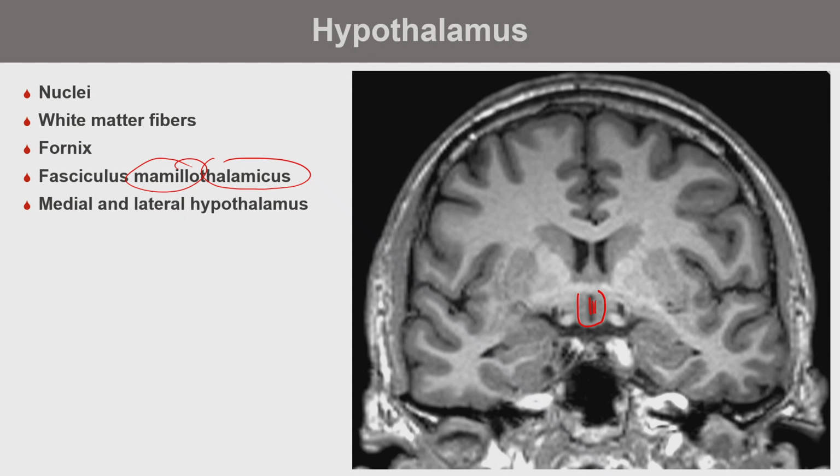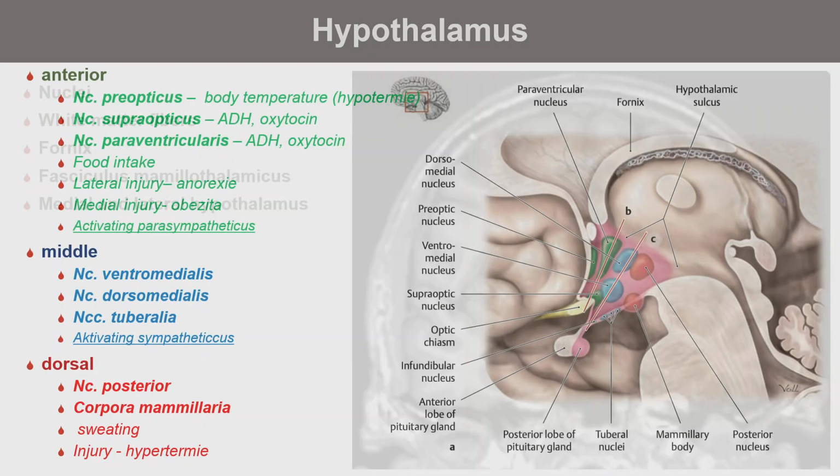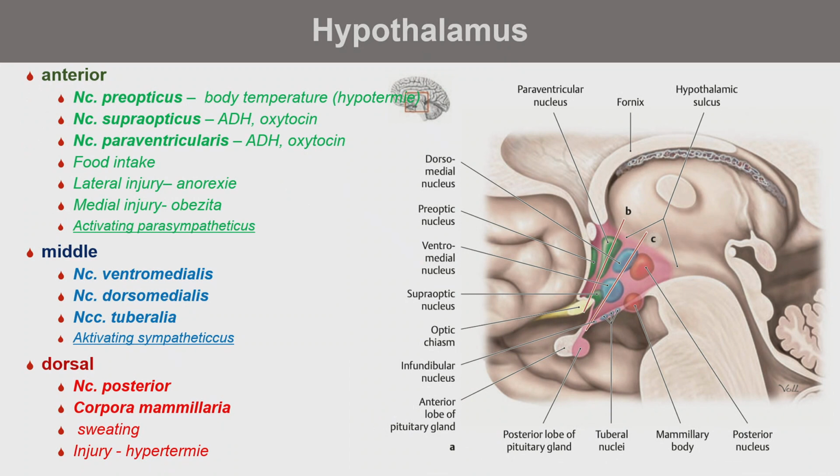And we can distinguish the hypothalamus in two parts from the frontal view, which is medial, which is relatively low localized, and lateral, which is more lateral. So we can then distinguish three groups of nuclei from anterior to posterior. Those three, which are here green, are anterior.